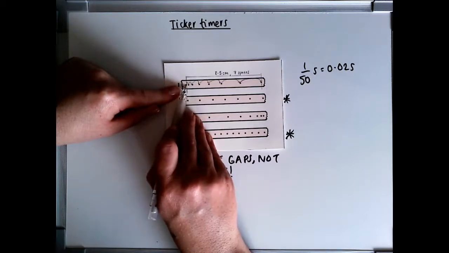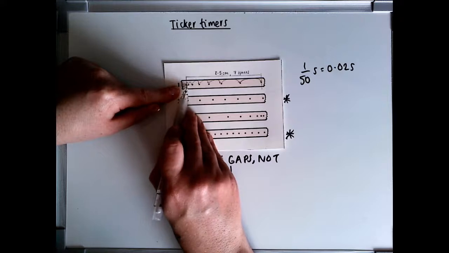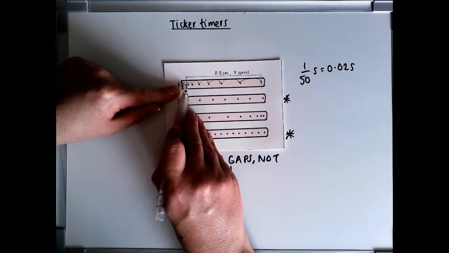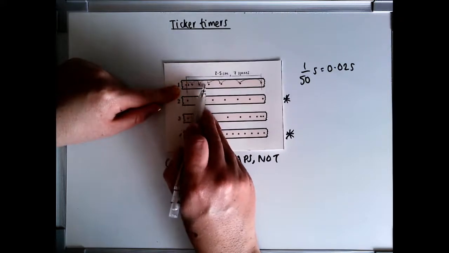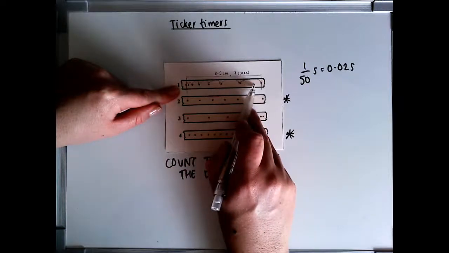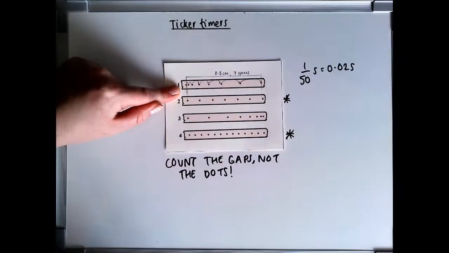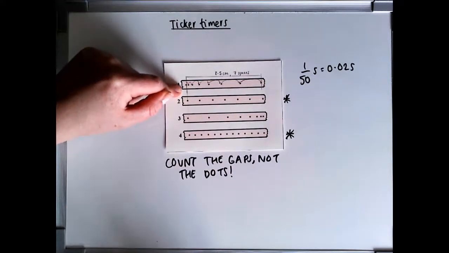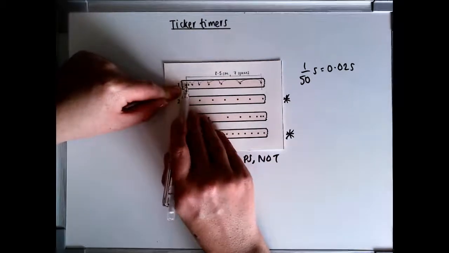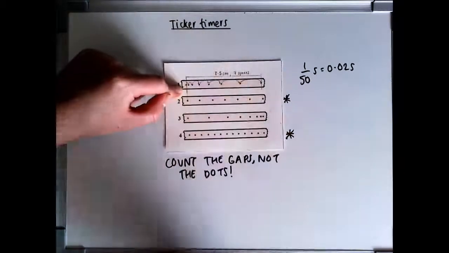So from the first dot, I count the number of gaps. Okay, so 1, 2, 3, 4, 5, 6, 7. So there will be 7 lots of 0.02 seconds between here and here.